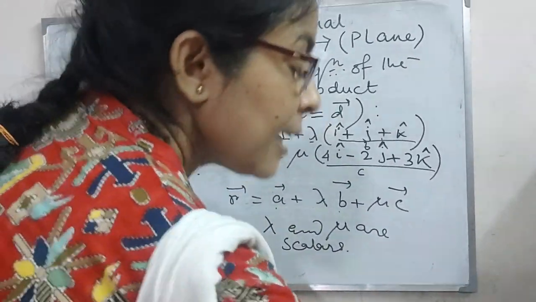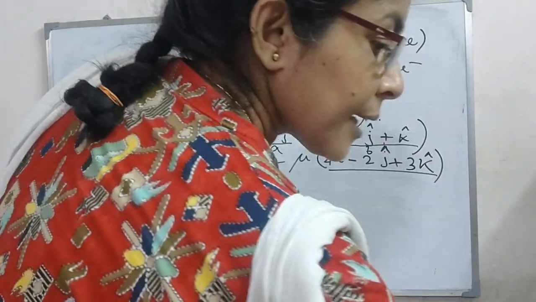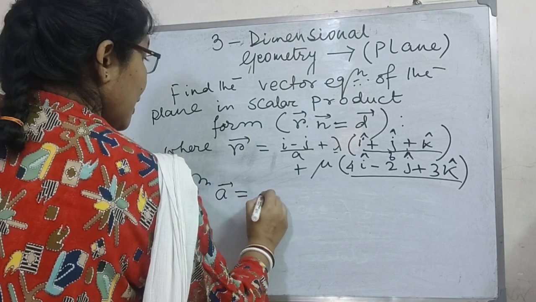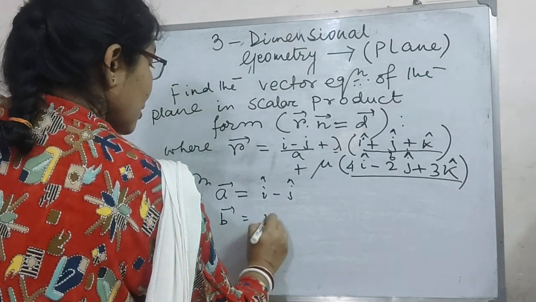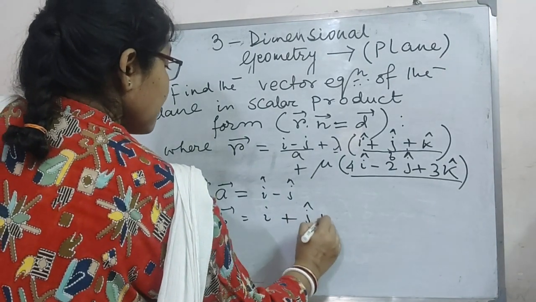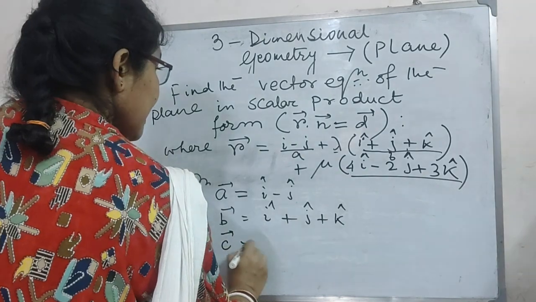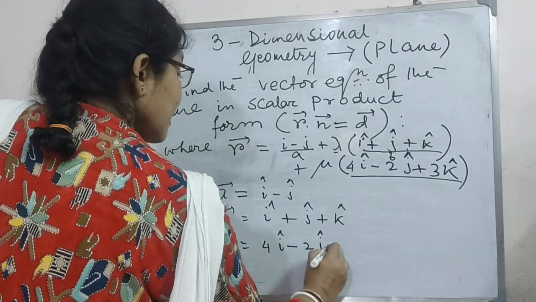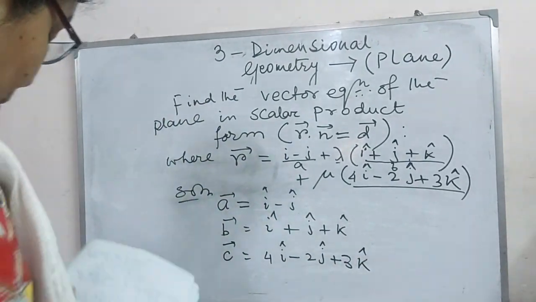That means I can write here a vector equal to i minus j, b vector equal to i plus j plus k, c vector equal to 4i minus 2j plus 3k.